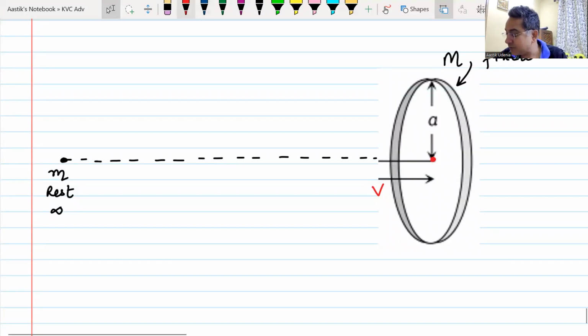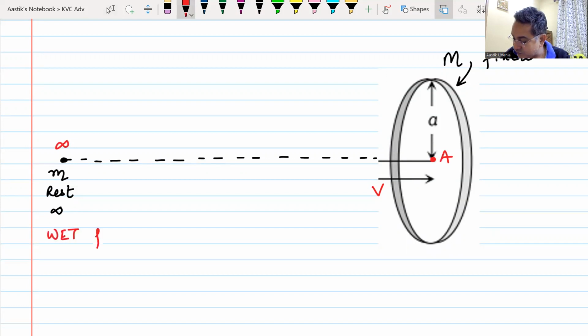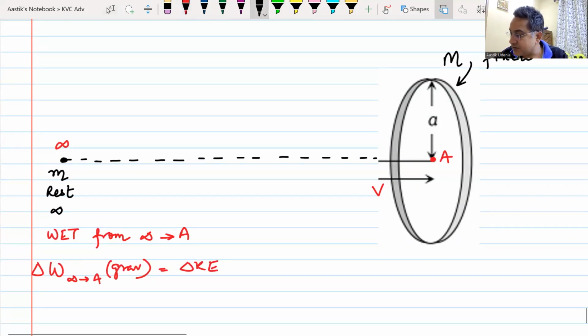I'm going to call this point as A, and this point is infinity. I'm going to apply the work energy theorem from infinity to point A. The only force acting here is gravity, so work done from infinity to A by gravity shall be equal to change in kinetic energy.